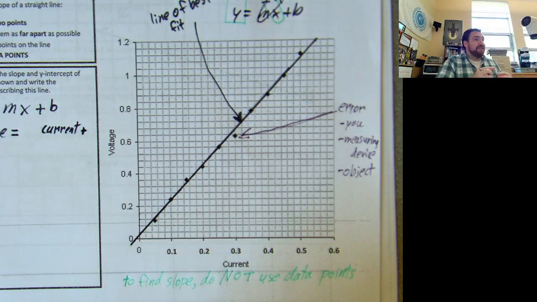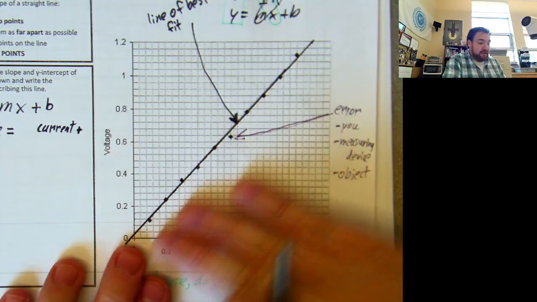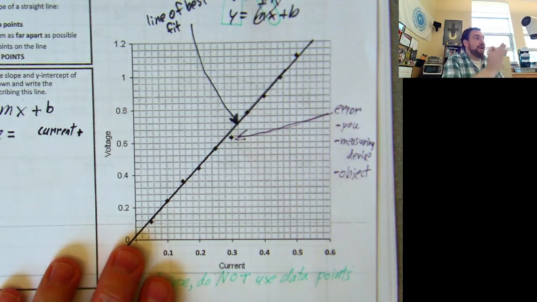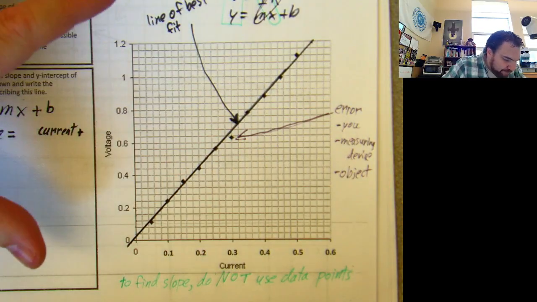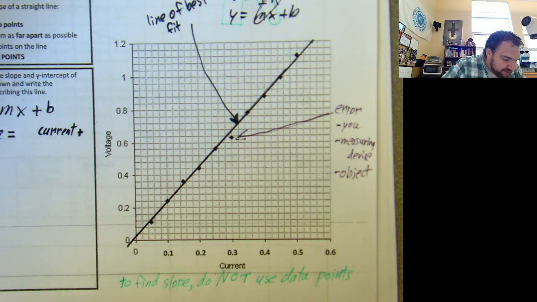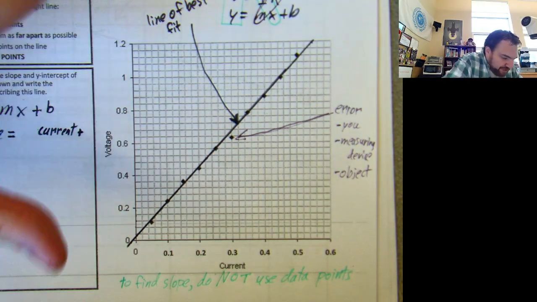Find a couple points on this line that you feel go through the grid perfectly at a corner on the square. I've got a couple here that I could use, but I want you to do that. Find 2 points that you feel go through the grid exactly. I'm going to pause this, and I'm going to pick some points as well.